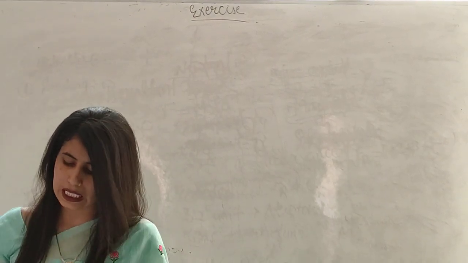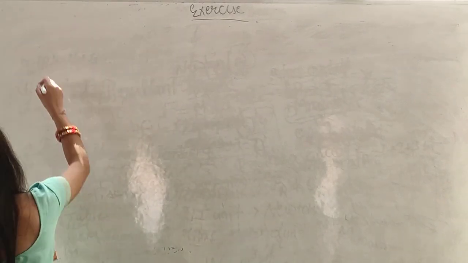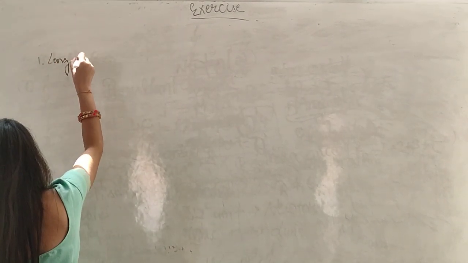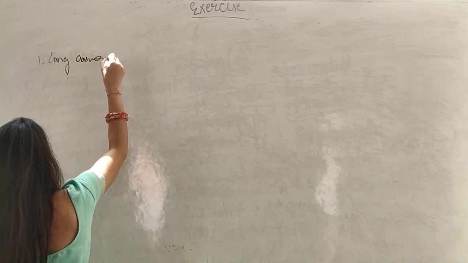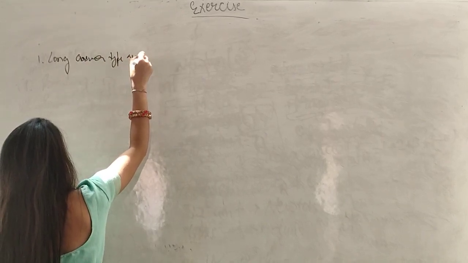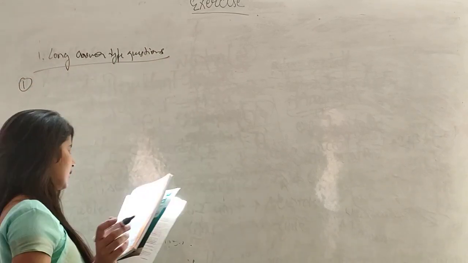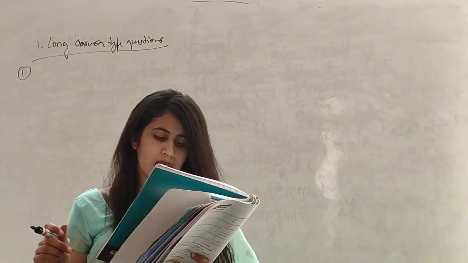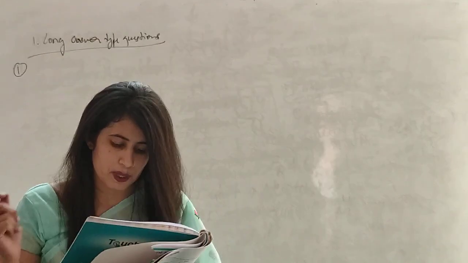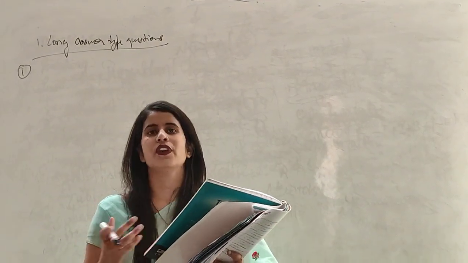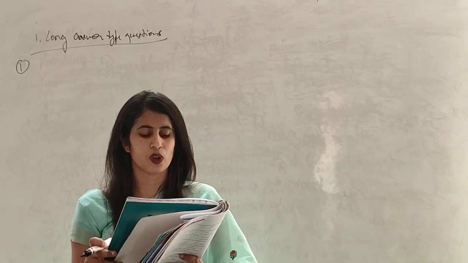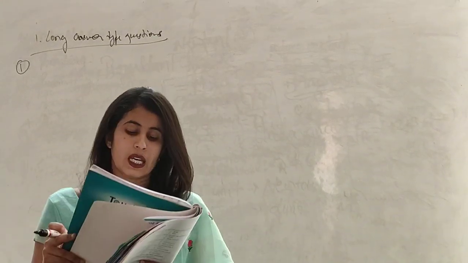The first one is, at first I am writing the heading long answer type questions. The first one is, what do you mean by formula? Explain with examples. So we know that, we have done this answer in the notebook also according to the video.